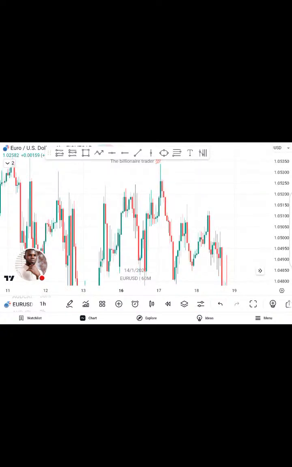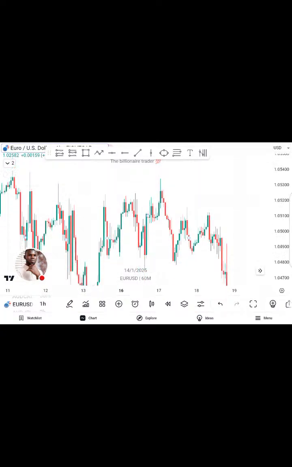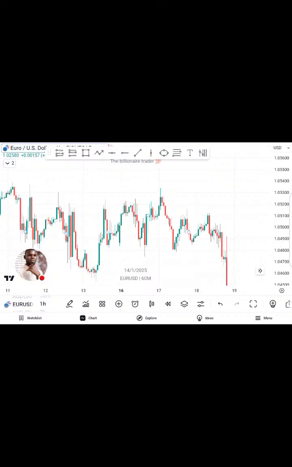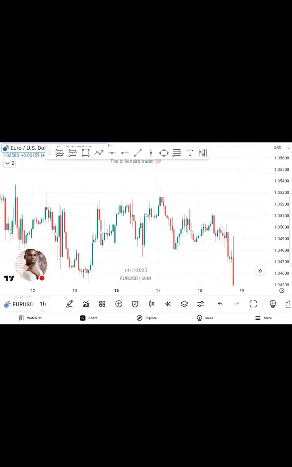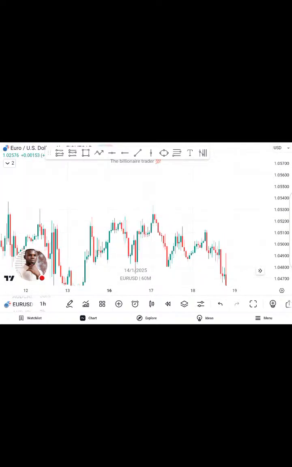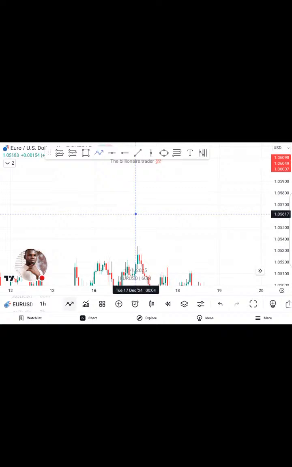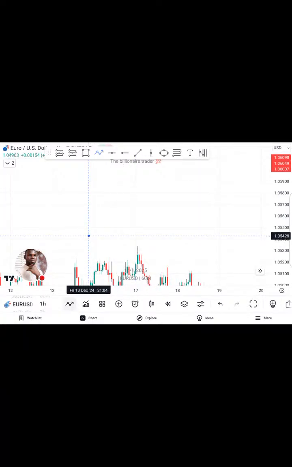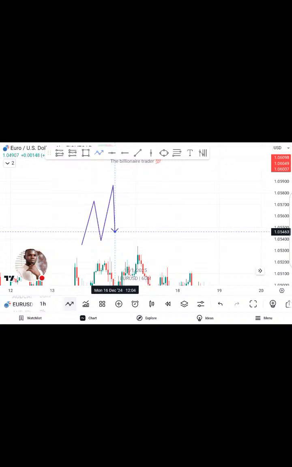Okay, I can't find that one yet, but there's another one I see here. If we have a break of structure, we have this kind of break of structure, then we have a mitigation, and we are expecting another break of structure.